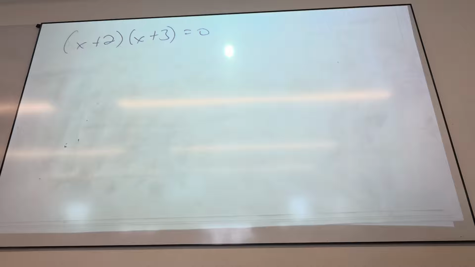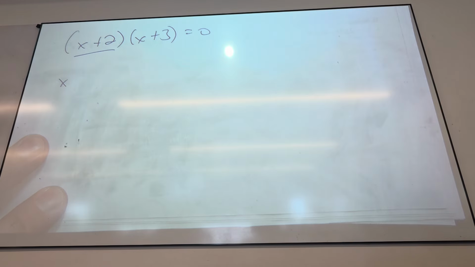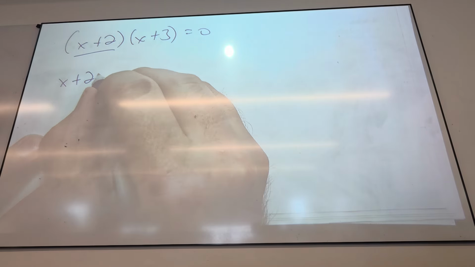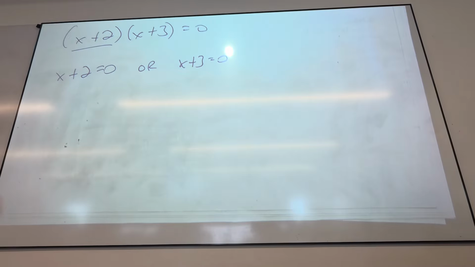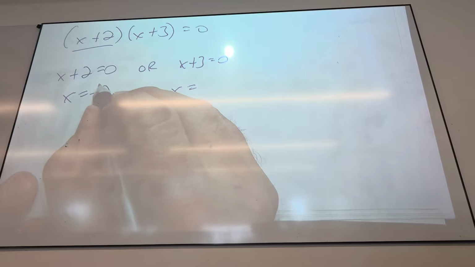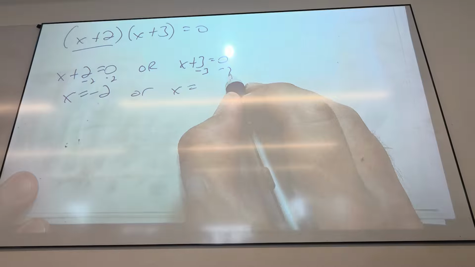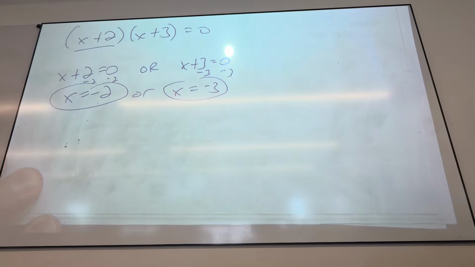So there's 2 numbers that multiply to be 0. What must be true? One of them has to be 0. Either x plus 2 is 0 or x plus 3 is 0. So x is -2, subtract 2, or x is -3. Everybody with me?